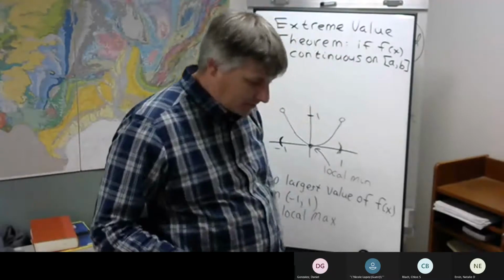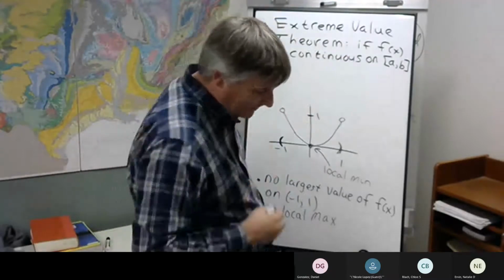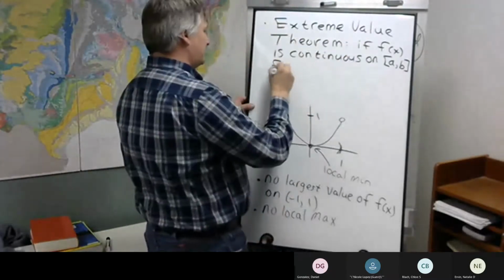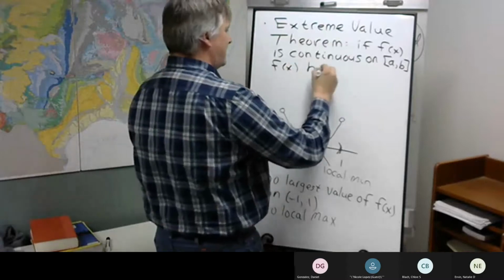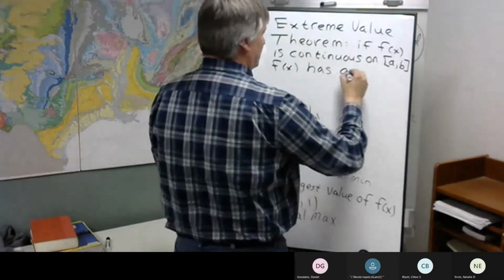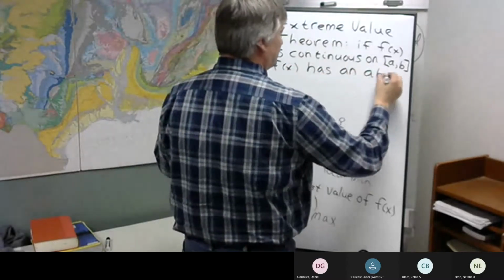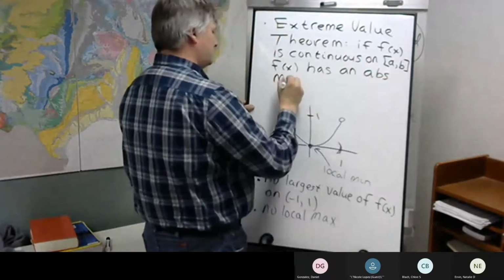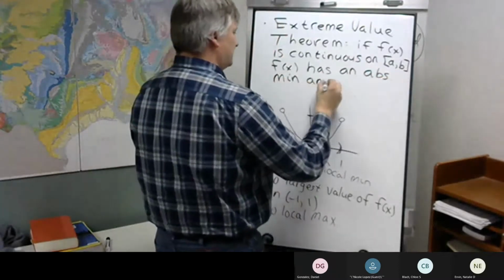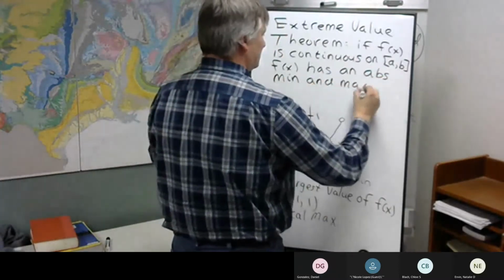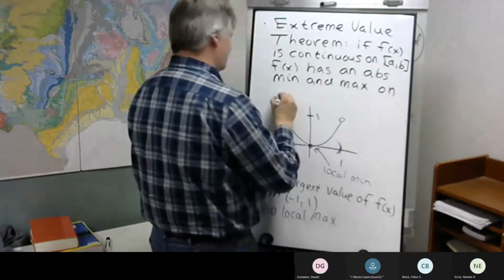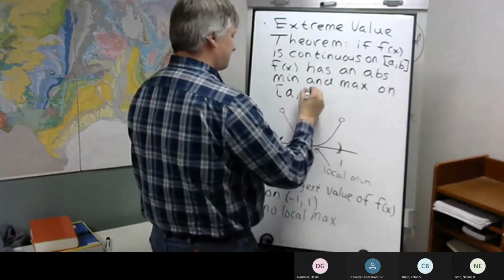So f is continuous on closed interval AB, f of x has an absolute min and max on AB.